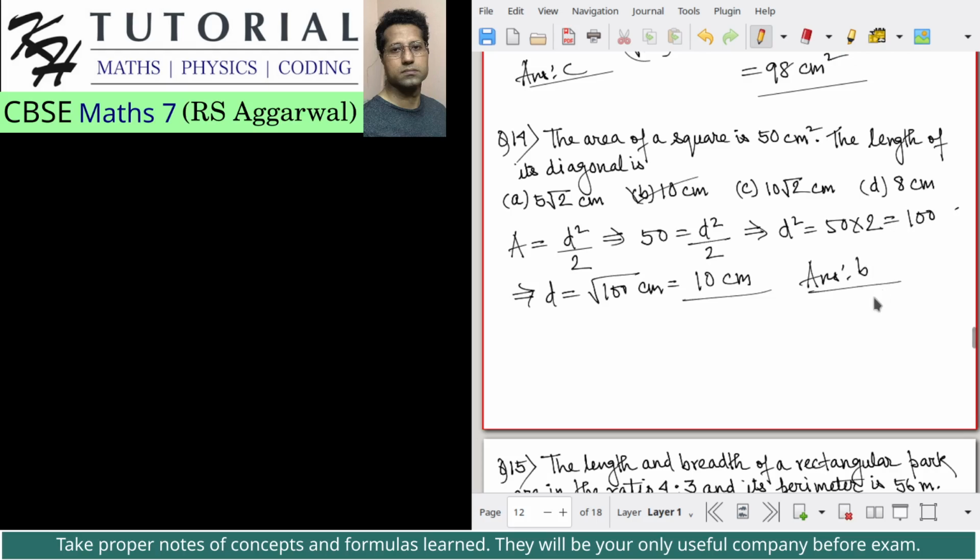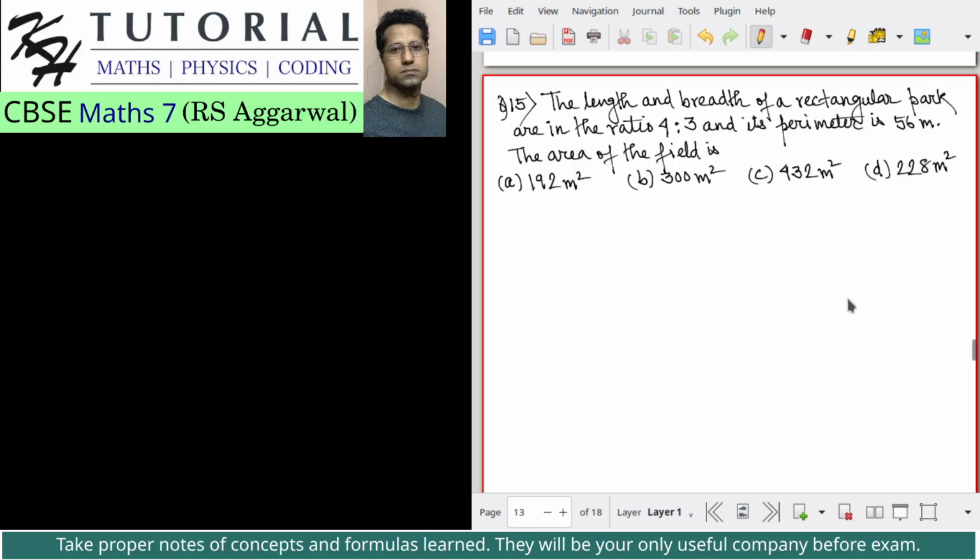Okay, let's see the next problem. Question number 15. The length and breadth of a rectangular park are in the ratio 4:3 and its perimeter is 56 meter. The area of the field is. Okay, so we know the perimeter of a rectangular park is 2 into length plus breadth, which is given to be 56.